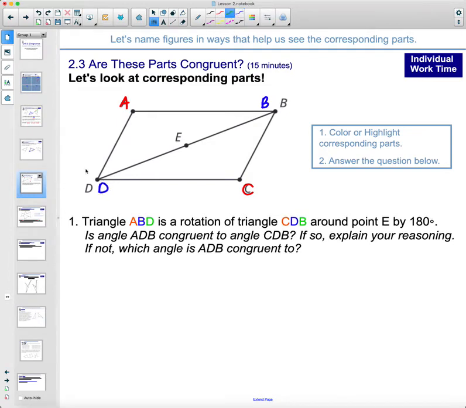And D in this top triangle rotates over to B in the bottom triangle. So you can see those happening, and maybe even if I just moved it in here so you could see which angle it's talking about. So A rotates to C, B in the top rotates to D in the bottom, D in the top rotates to, oops, this should say B in the bottom.